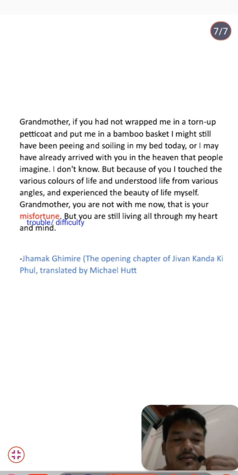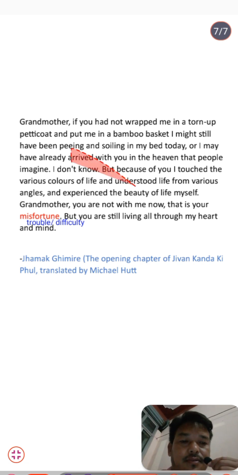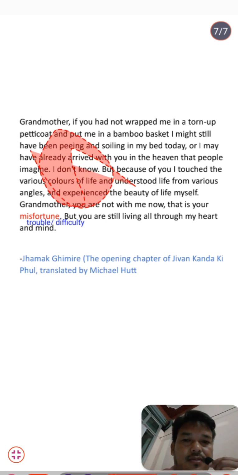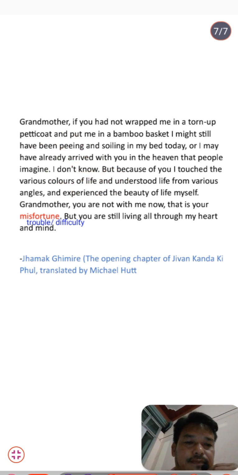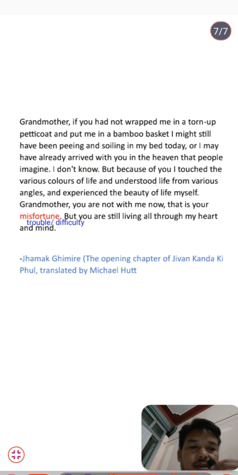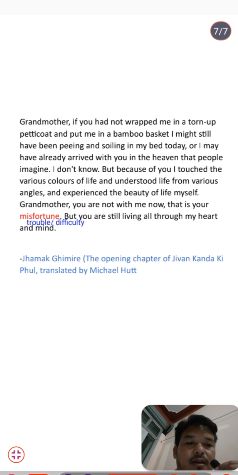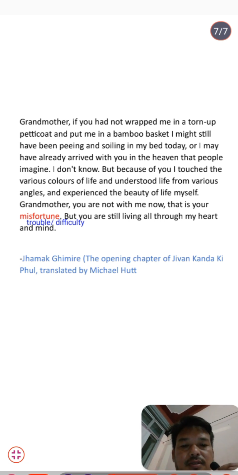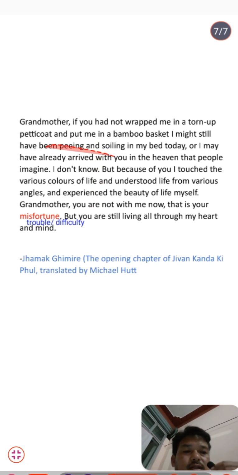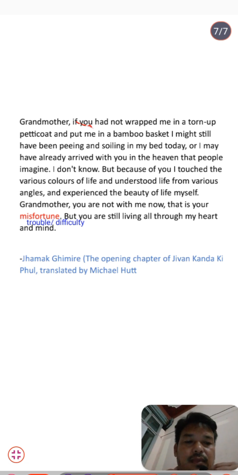Here in the final line and the final paragraph, students, she finally says that grandma, in the event that you had not wrapped me in a torn underskirt, and torn here means ripped, and put me in a bamboo basket, I could in any case have been peeing and soiling my bed today, or I might have already shown up with you in the paradise that people envision.